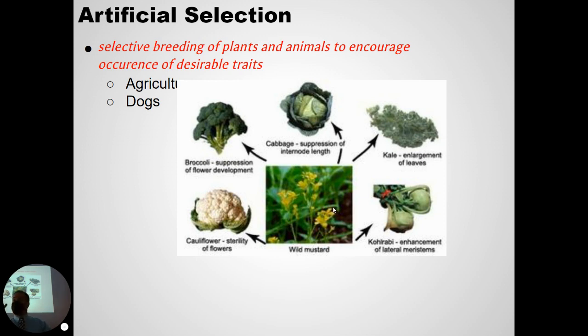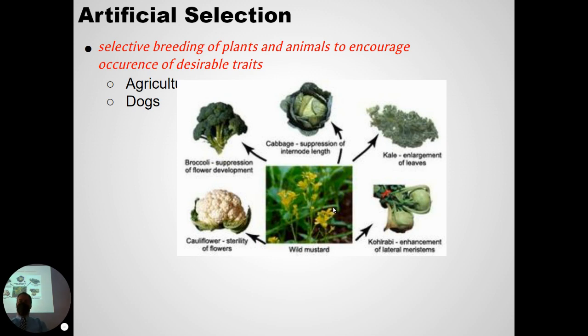And humans took this plant and through selective breeding changed it into cauliflower and broccoli by deciding, okay, here's some wild mustard that produces really large leaves. I'm going to take a little pollen from this and pollinate another one and grow those seeds and repeat that over and over again until eventually the leaves become larger and larger, and then you have kale.